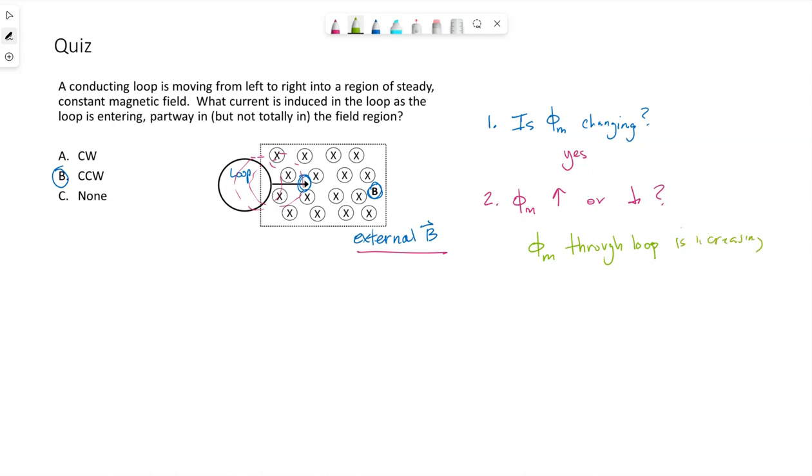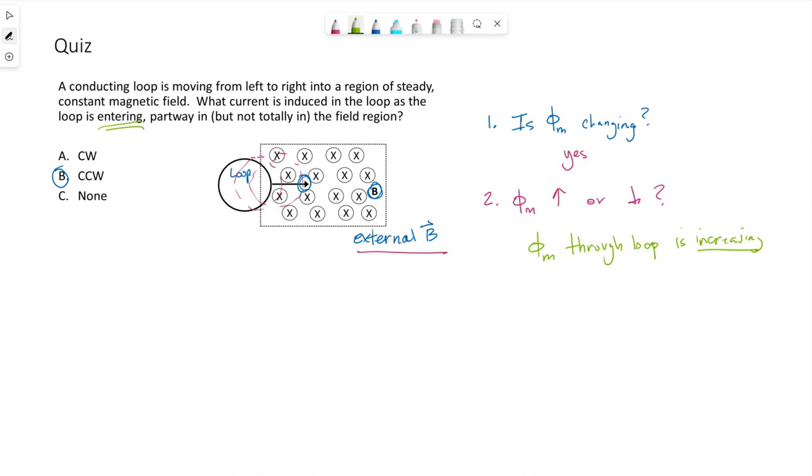We're just looking at the period of time where the loop is entering this magnetic field. That's what the problem is specifying to us. As it moves in, it is going to have more and more magnetic field lines moving in. So the flux is increasing.